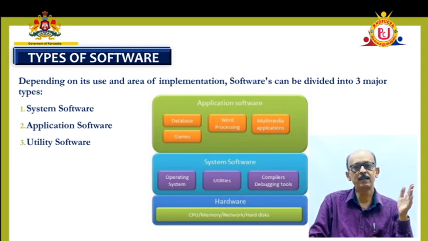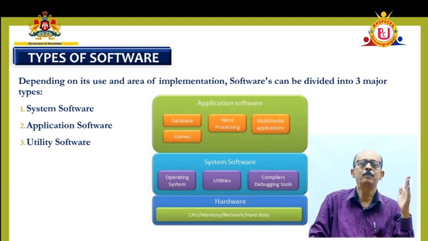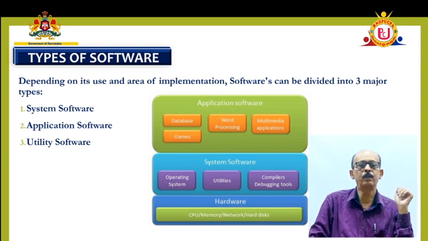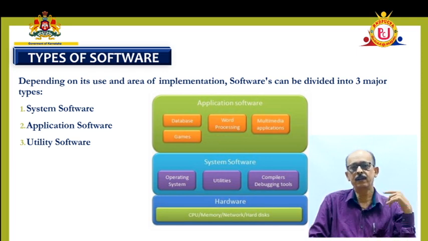Maybe scientific applications, which research and development people can use. Accounting, which business people can use, something like that. We'll see the classification shortly: system software, application software, and utility software.